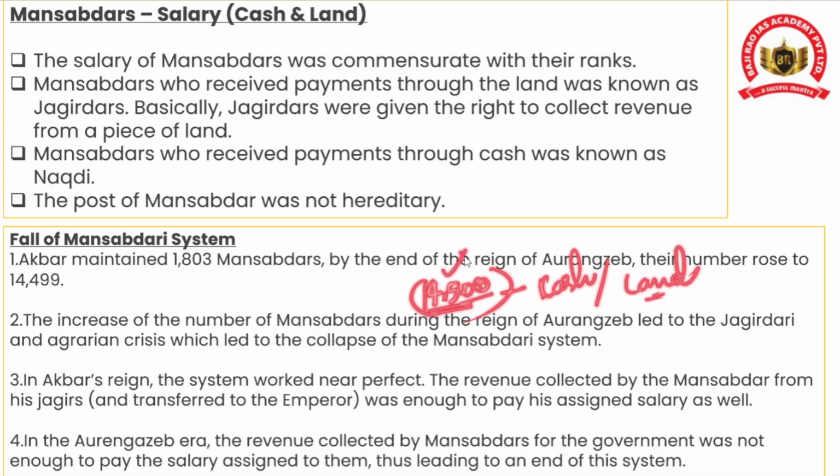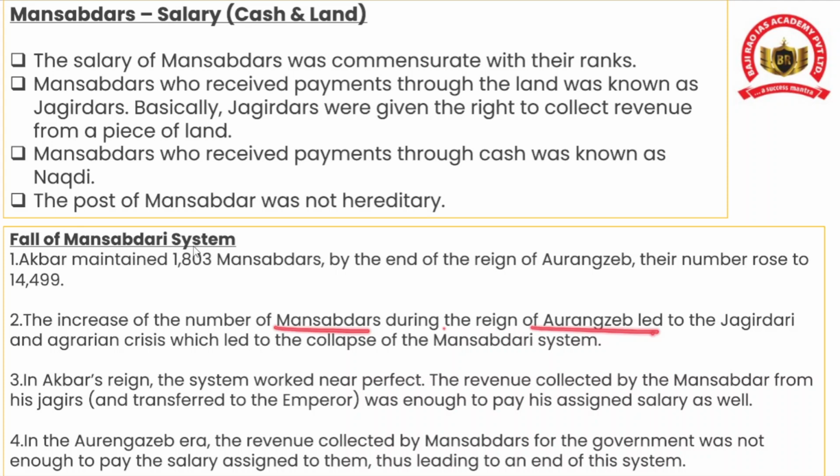When you maintain such a huge number of mansabdars, you need to pay a large sum of cash and land to them. This is one factor that led to the fall of the mansabdari system. The increase in mansabdars during Aurangzeb's regime to 14,500.